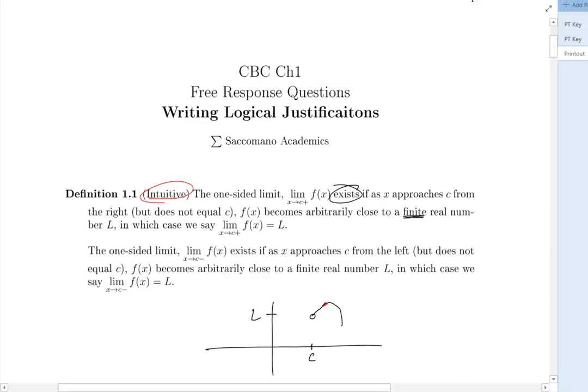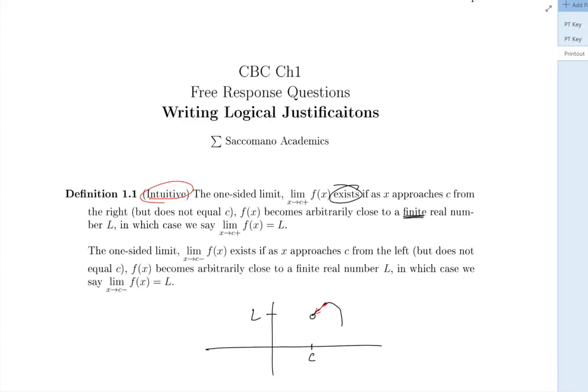someone comes along and says, if the limit is L, well, are you within 0.1 of L? And you say, well, not now, but if I get closer to c on x, I can get within 0.1 of L. And then someone can come along arbitrarily and say, well, I'm going to say 0.01.